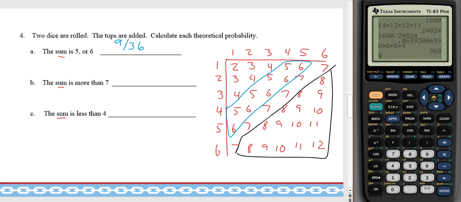So it would be this part. 2, 3, 4, 5, 6, 7, 8, 9, 10, 11, 12, 13, 14, 15 in 36 chance. And then sum is less than 4. That would be over here. Right, those 3 outcomes out of 36 because it's a 6 by 6 grid.